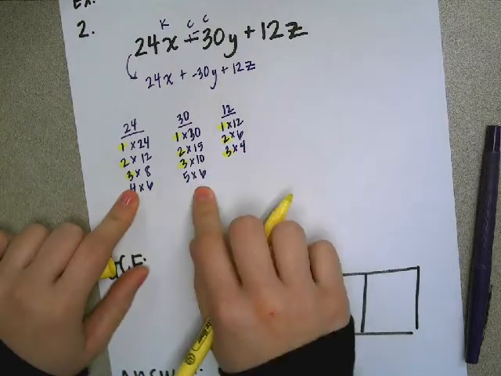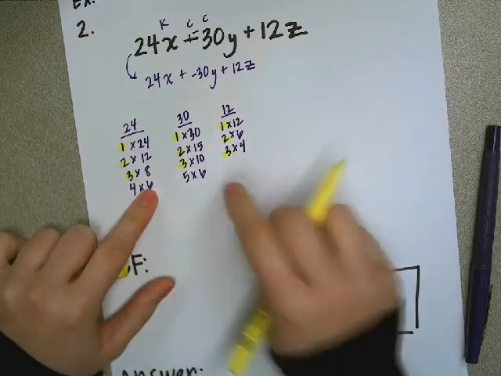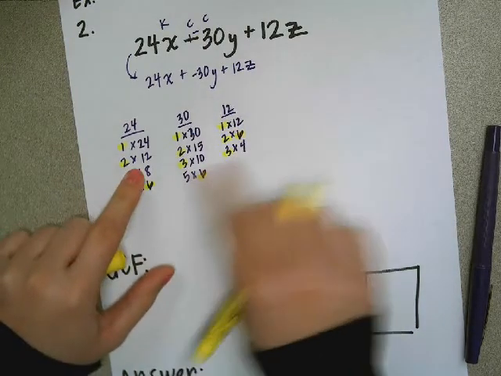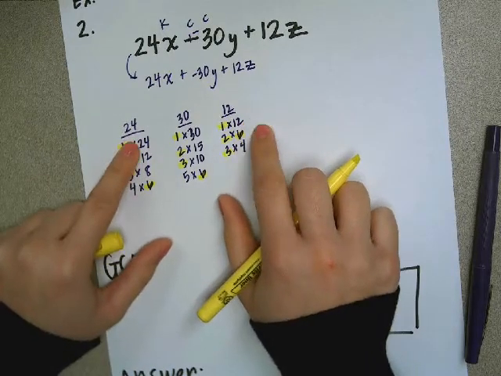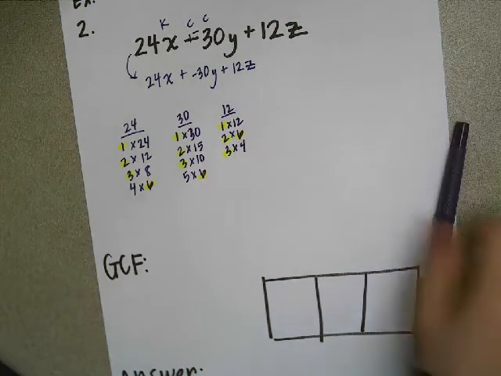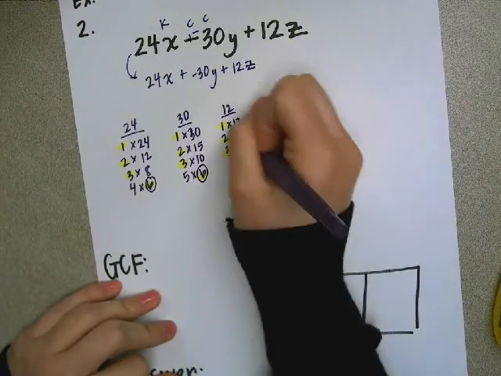It is not on 30, so it's not a common factor. Next is 6. 6 is on all 3 lists. And 8, no. 12 is only on 24 and 12, and that is it. So I have 1, 2, 3, and 6. Remember, we want the biggest one, so my GCF is 6.